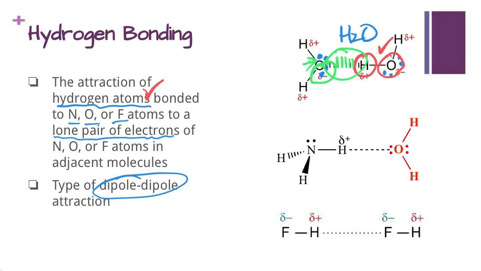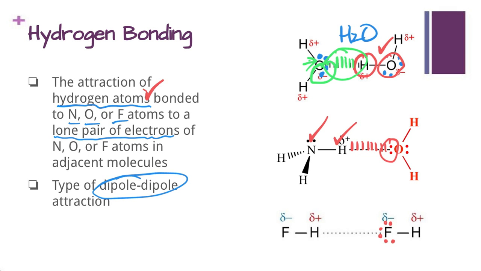So looking at our second one with nitrogen here, we have a hydrogen that's attached to a nitrogen, and in this case, it can be attracted to different molecules, so a lone pair of electrons on an oxygen on an adjacent molecule. You could also have something like HF. These fluorines have lone pairs of electrons.